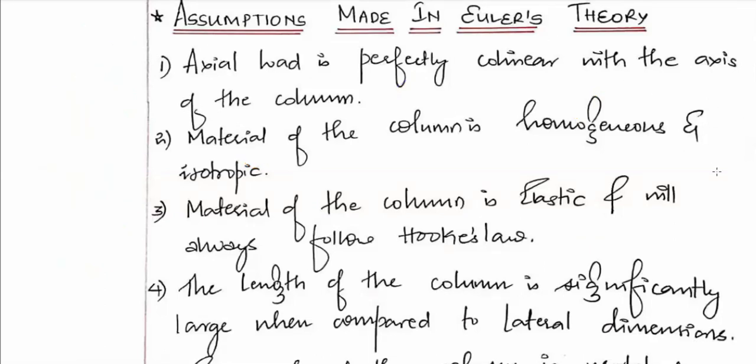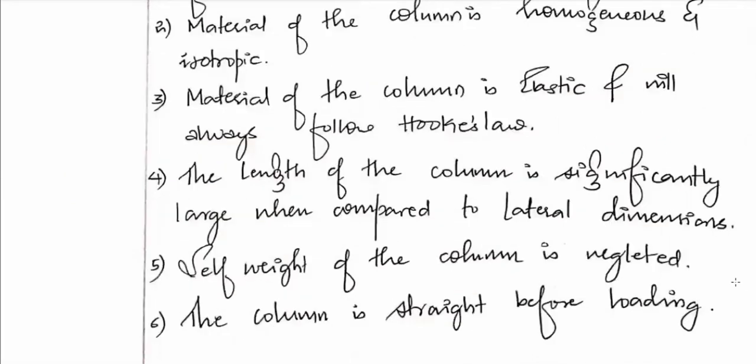Next, the fifth assumption is that the self weight of the column is neglected. Very important thing. Since the column is placed in a vertical manner, its weight will be acting downward because of gravity. While deriving the equation, Euler has neglected the self weight of the column.